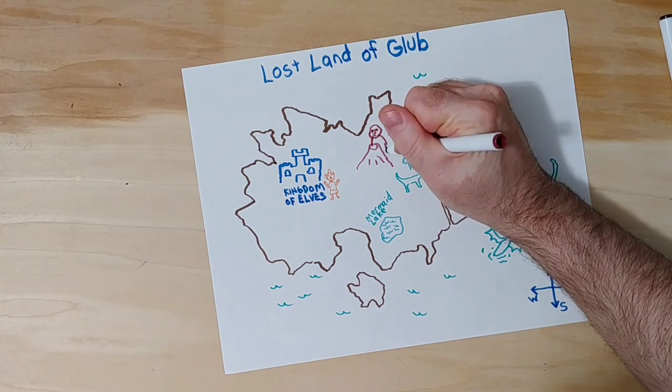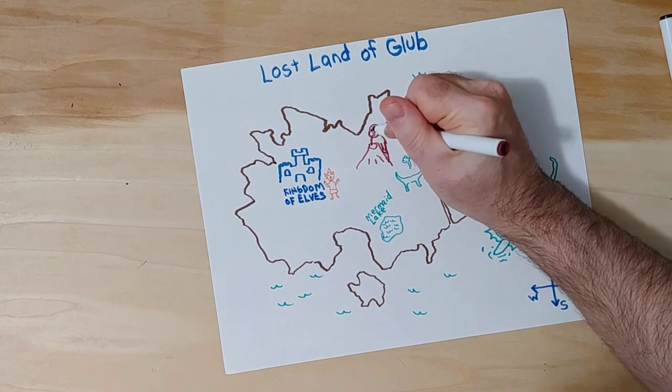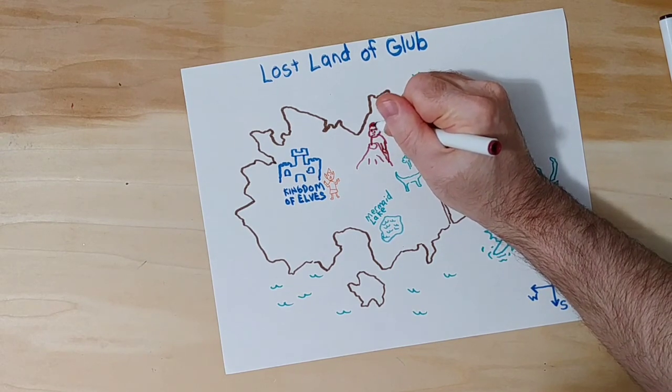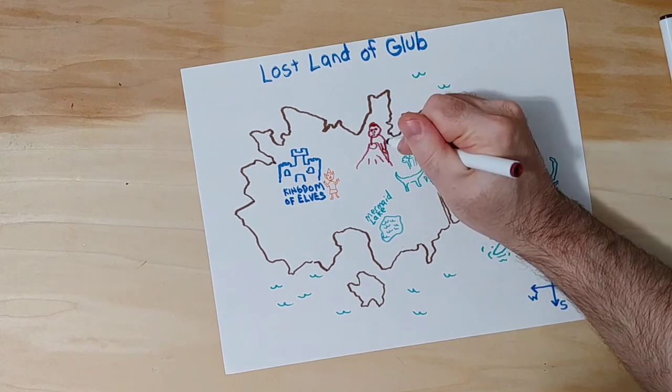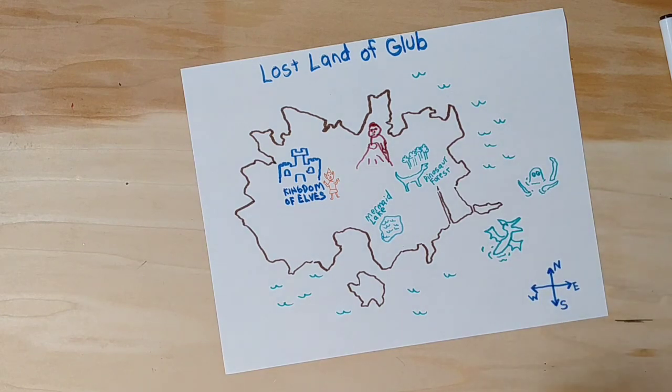He just hangs out there all day long, kind of checking inside of it, making sure everything's all right inside that volcano. So there are just a few little ideas there. You can make whatever kind of imaginary map that you want to make. Let's see what you guys can come up with.